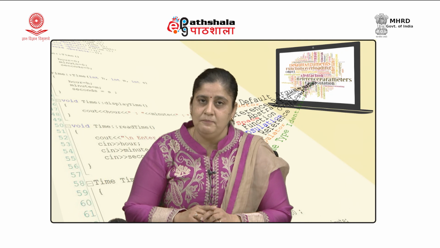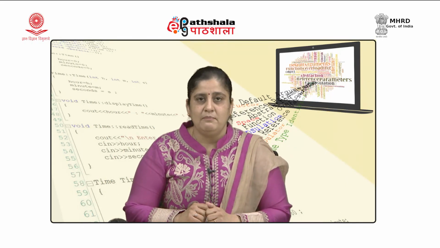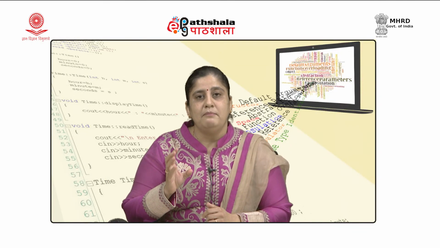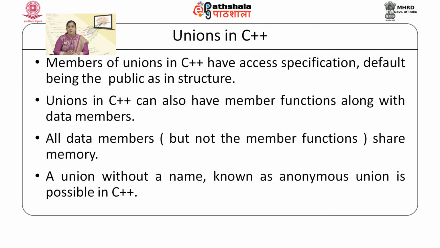You may recall in C, in the unions we are only able to define the data members, but in C++ we will also be able to define the member functions inside the union. All the members of the union will share the memory, but the functions will not share the memory, and you can very well understand that the functions do not vary from the instance of the union. Therefore, the functions do not share the memory, but the data members will be sharing the memory.